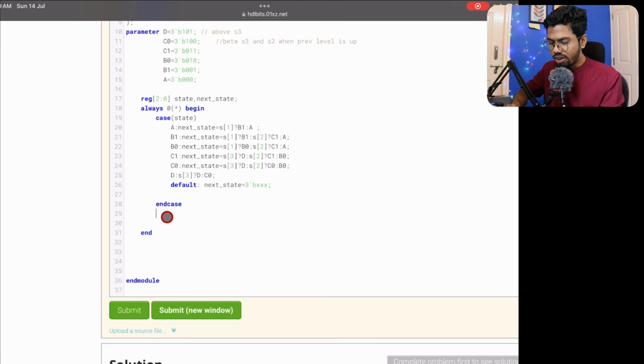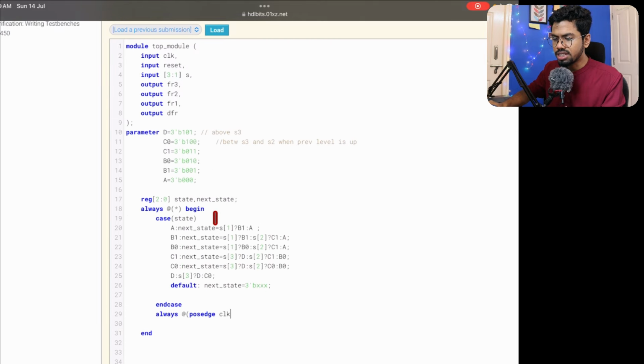So now I'll write my always block for what? Always for my transition from current state to next state. This would be a sequential block, so I need to write posedge of clock. Is clock defined or not here?